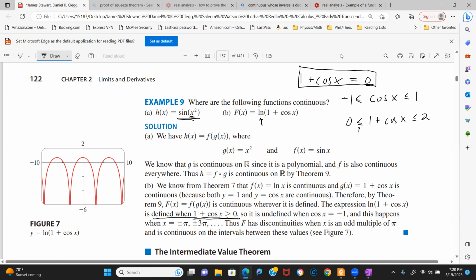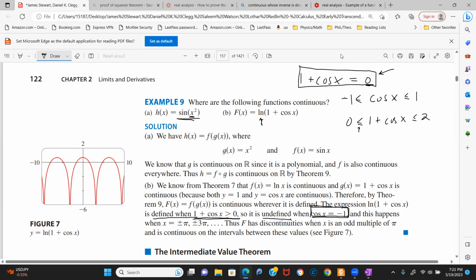So you just need to figure out when this equation is true, which is the same thing as cosine of x equal to -1. So it's going to be undefined when cosine of x is equal to -1. And if it's not defined for such x, then it definitely can't be continuous.